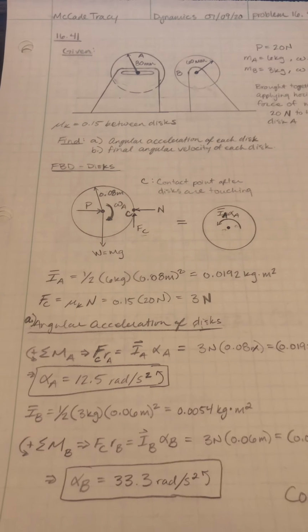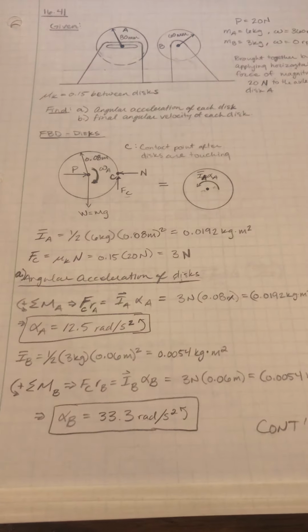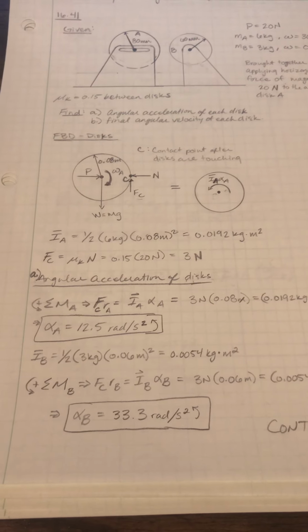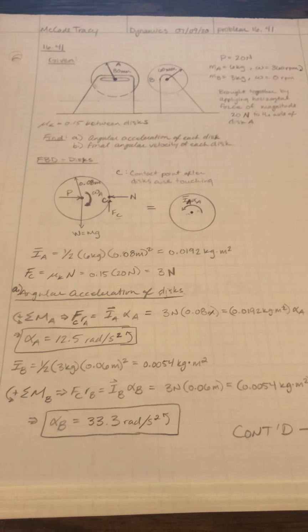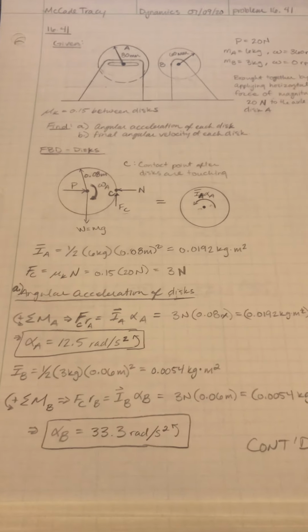So to find the angular acceleration of the discs, as disc A then influences disc B, as disc B is at rest initially.